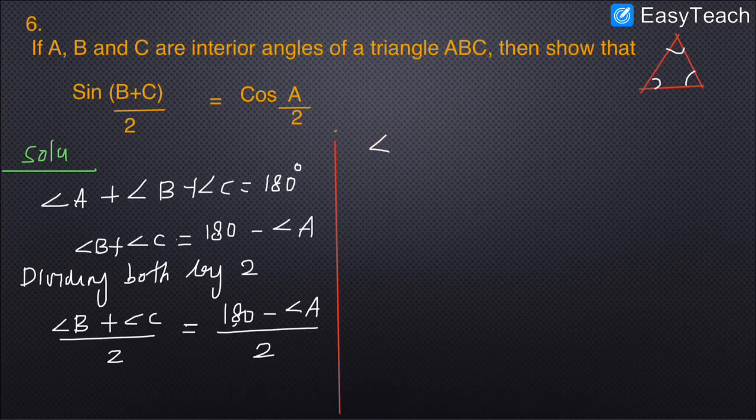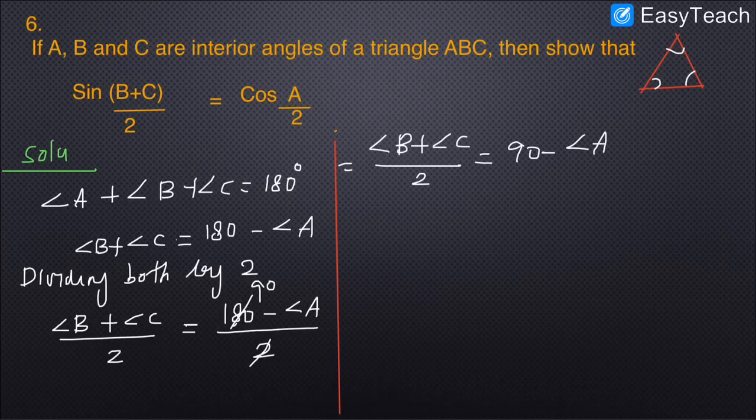Okay. Next, take sine on both sides. So, apply sine on both sides. So, what will happen? Sine of angle B plus angle C by 2 equal sine of 90 minus angle A by 2.